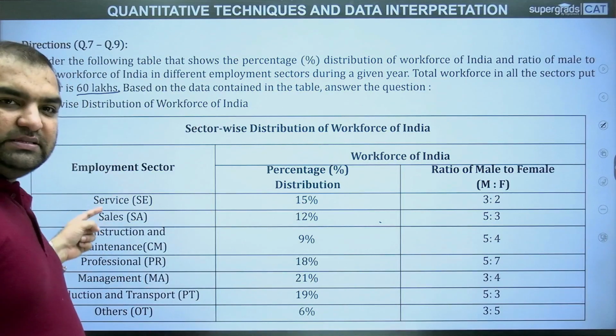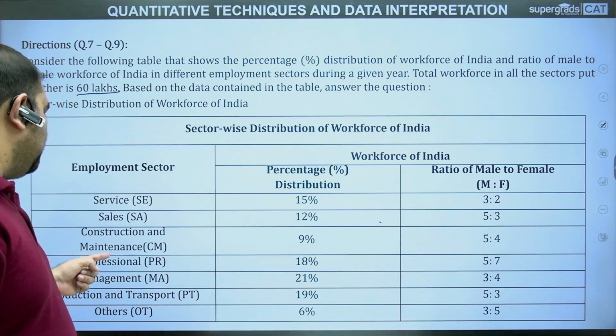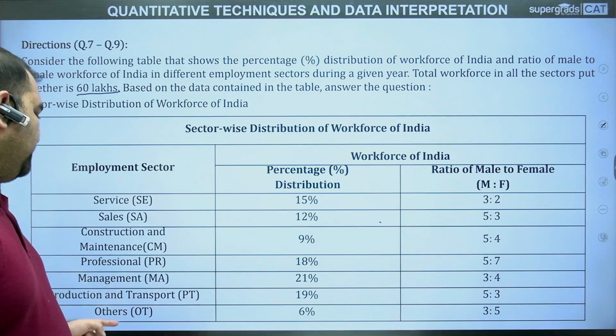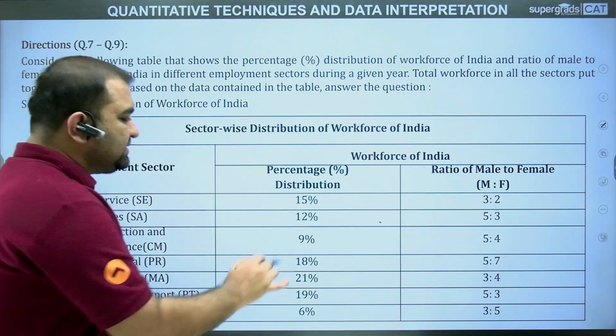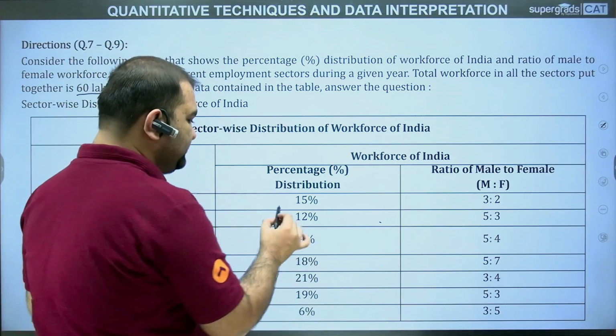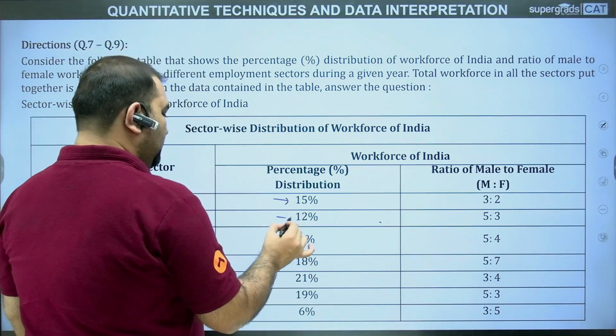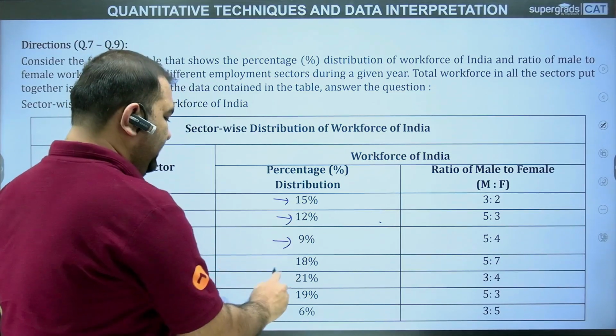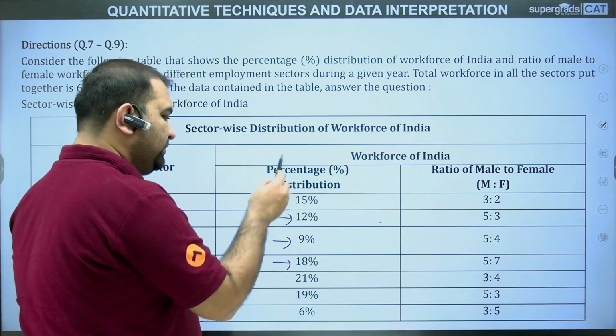The sectors are service, sales, construction, maintenance, professional, management, production and transportation, other. Percentage distribution of the workforce: 15% work in this sector, 12% in this sector, 9% in this sector, 18% in this sector. This should sum up to 100%.